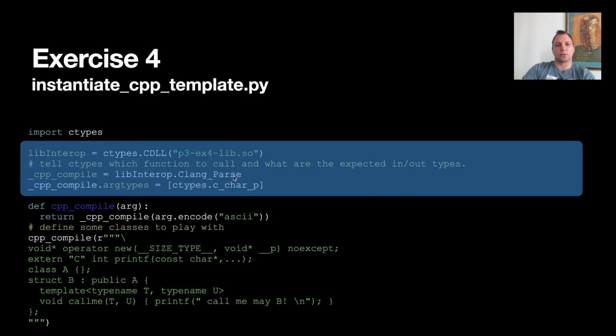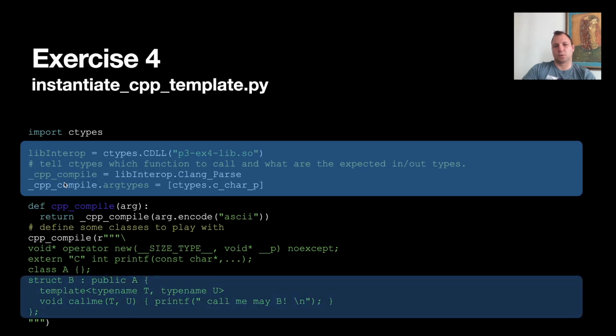So for example, you see here that we have this clang parse. And we tell Python that this gets mapped to underscore CPP compile. And the argument type of the CPP compile is a const char pointer. And it has no return type. It's a void return type. And the same way we enumerate the rest of the functions that we want to use from that library.